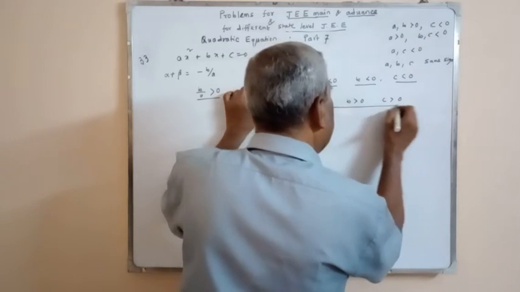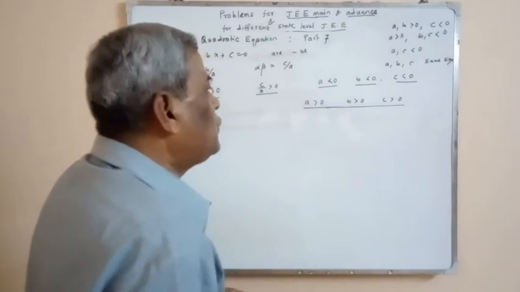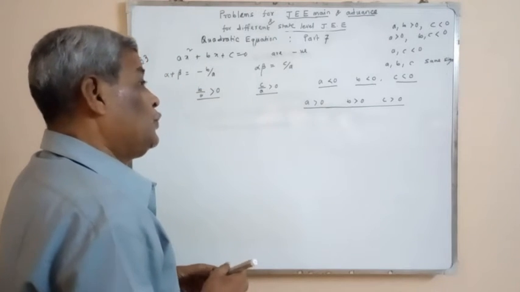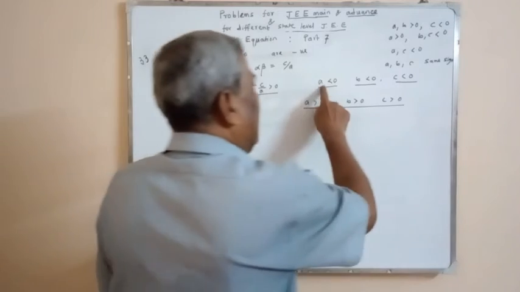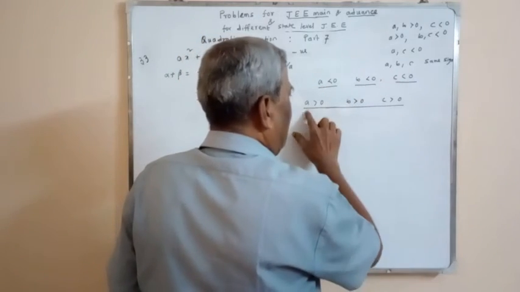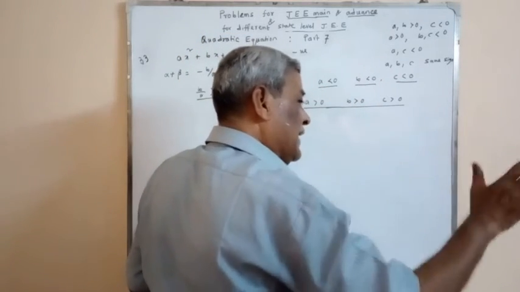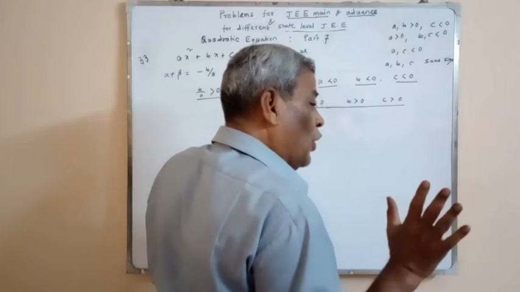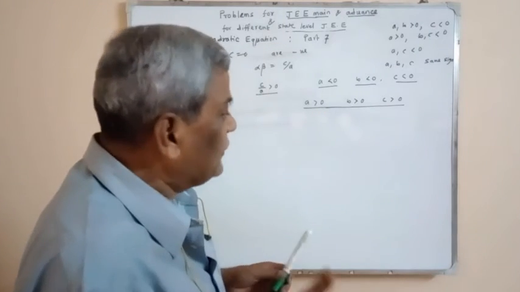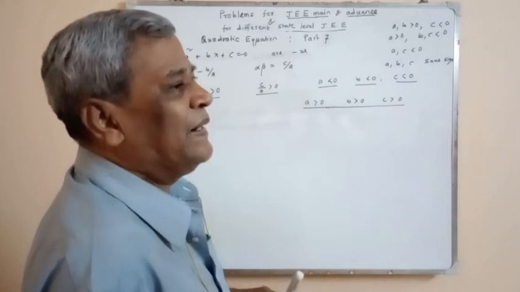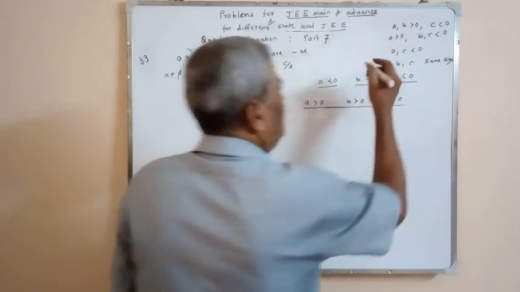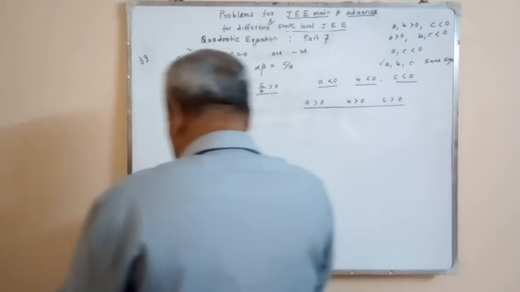If this is the case, then only both roots are negative. So from these two, we can conclude that if a, b, c are of the same sign, either all three are negative or all three are positive, then both roots are negative. So option C is correct.